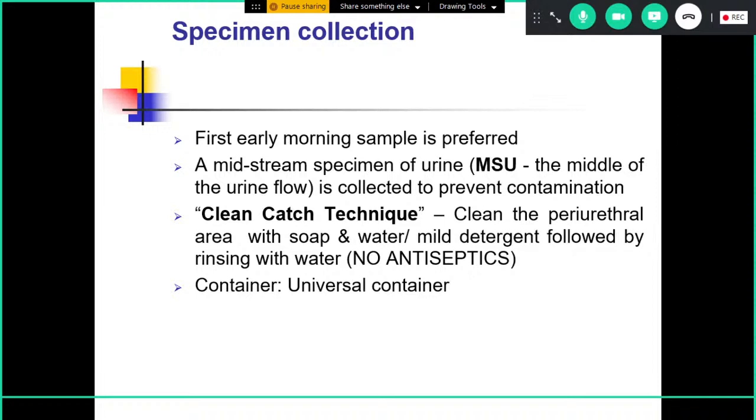So specimen collection, when you give instructions, you have to remember that the specimen has to be collected by a clean catch technique. The middle of the stream is to be collected in a wide mouth container, and preferably the early morning sample is best because you would get sufficient bacteria in that sample. So clean catch technique and MSU sample, midstream sample.